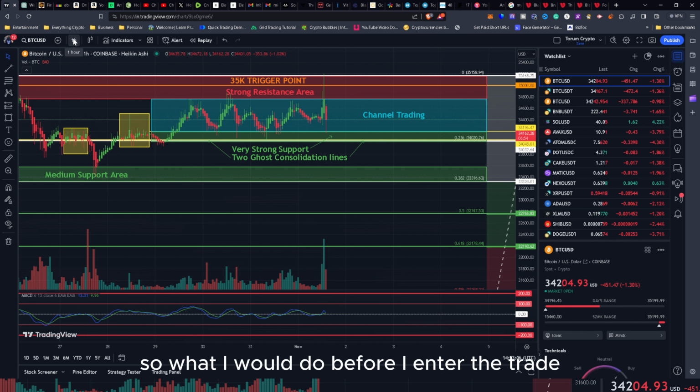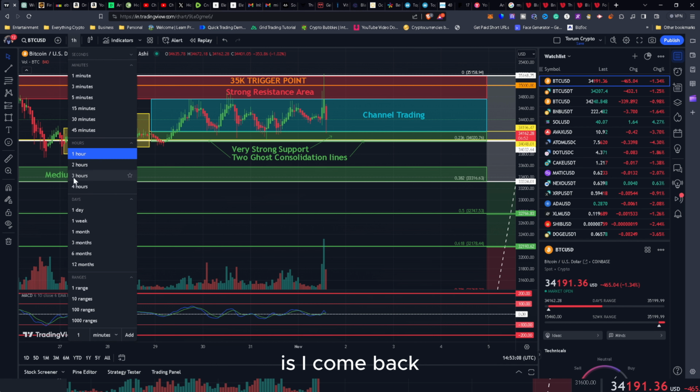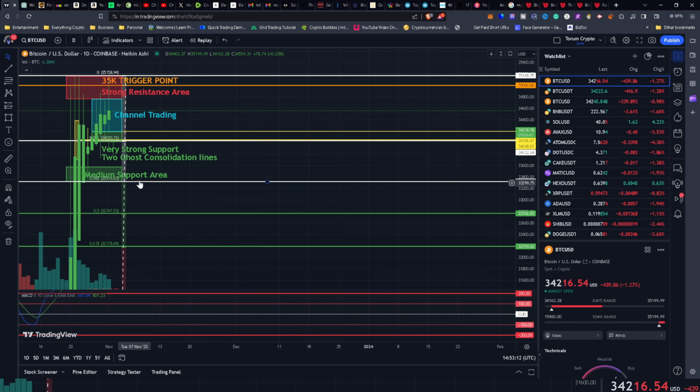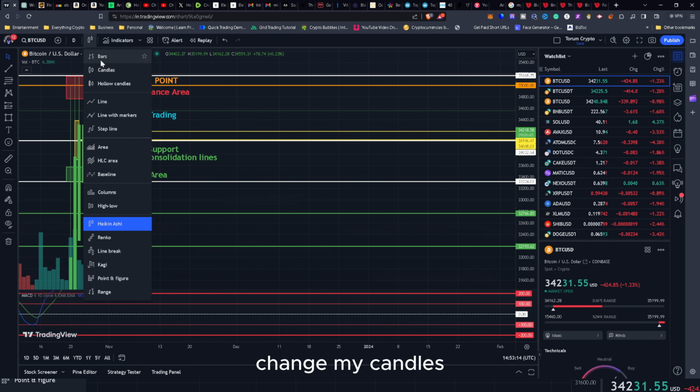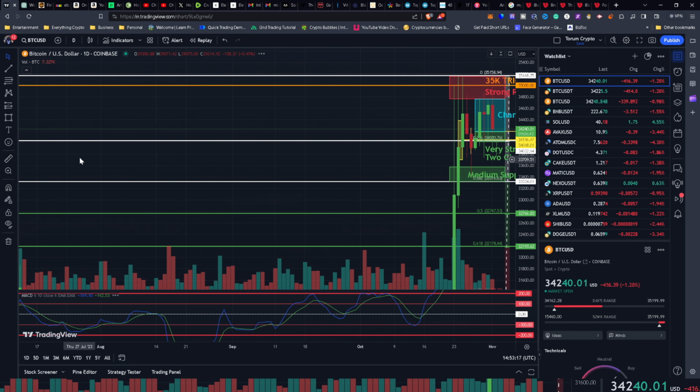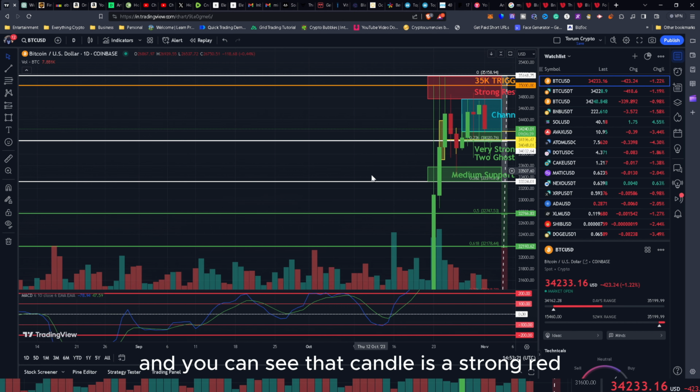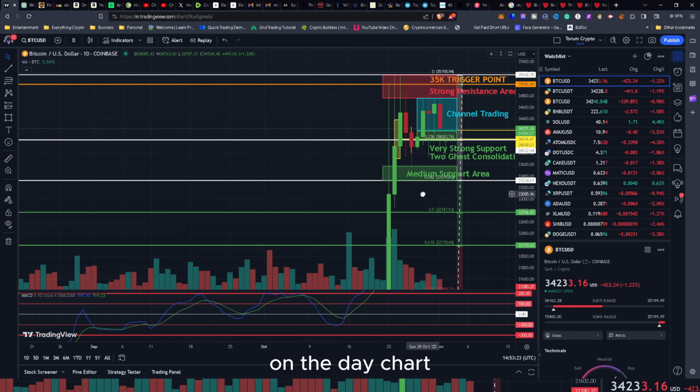So what I would do before I enter a trade is I'd come back, check the day chart, change my candles, and you can see that candle is a strong red on the day chart. Why did I switch candles just then?